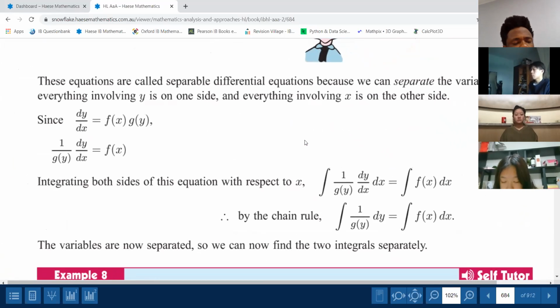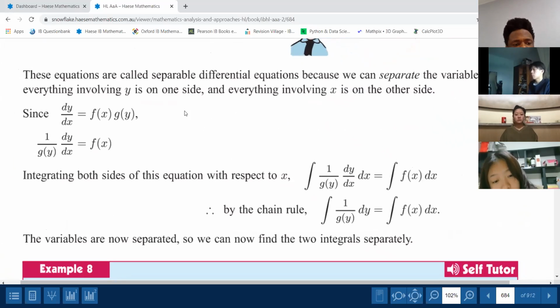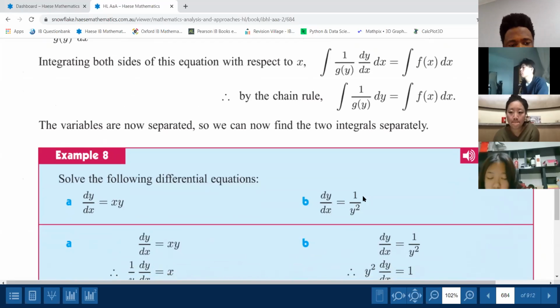The analogy in your book is similar. If you have this, then you can integrate both sides. When you integrate f of x here, you have to say dx. And on the other side, once you put the integral here with dx, it's like a chain rule. They cancel out, then you have this. So it's similar to what I just said.